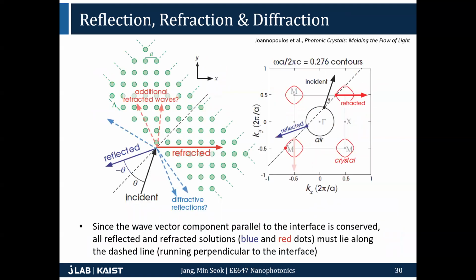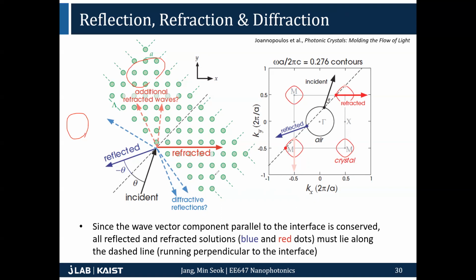So now you can understand what's going on at the interface between your photonic crystal and air. This part is not that important, but I think it's interesting to understand.